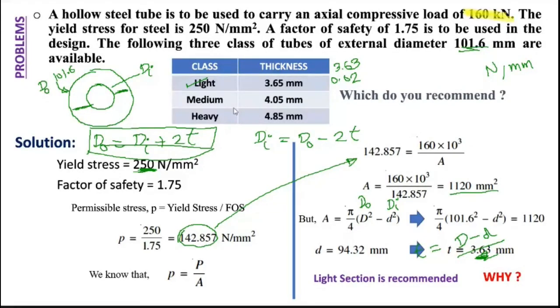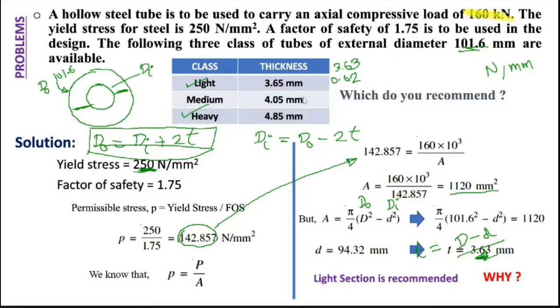We don't need to identify maximum, medium or heavy, because as an engineer, you should think about material. If I choose heavy, it can of course withstand more strength. But what about your material? You lose lots of material, and the company won't get much profit.